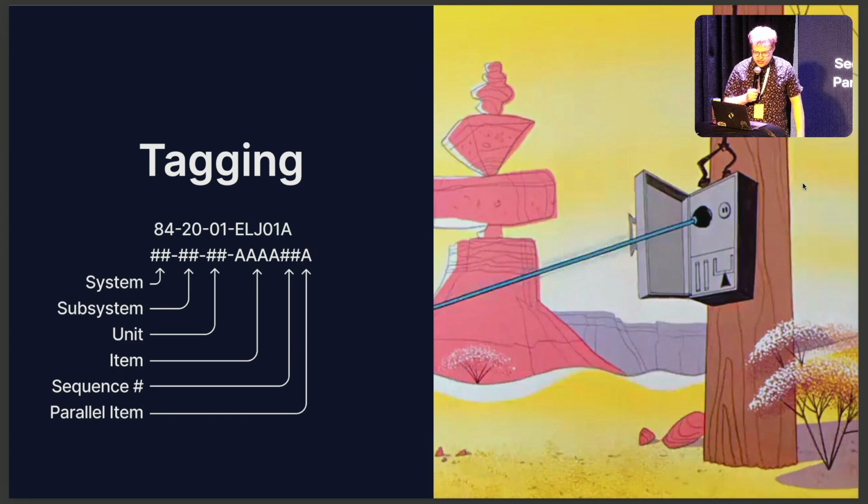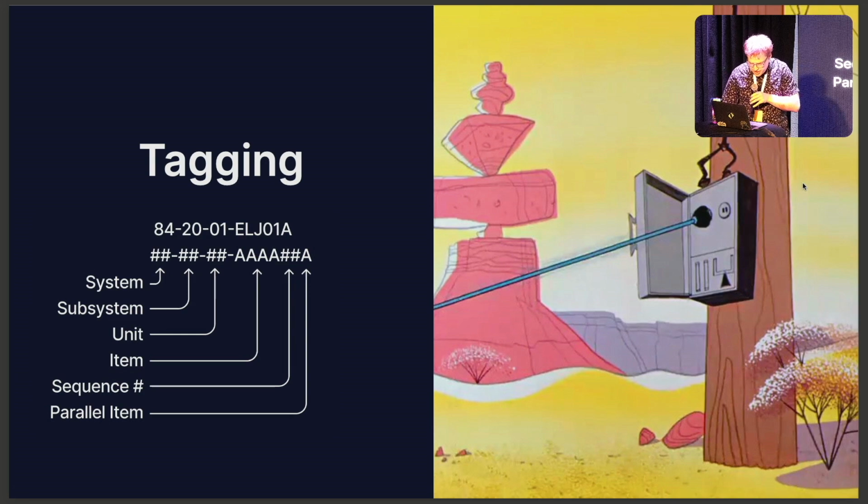So for this particular standard that they use for this site, it's laid out into which system, which subsystem, which part of that subsystem, and then even has some information about if there's any parallelism and which instance of that item it is.